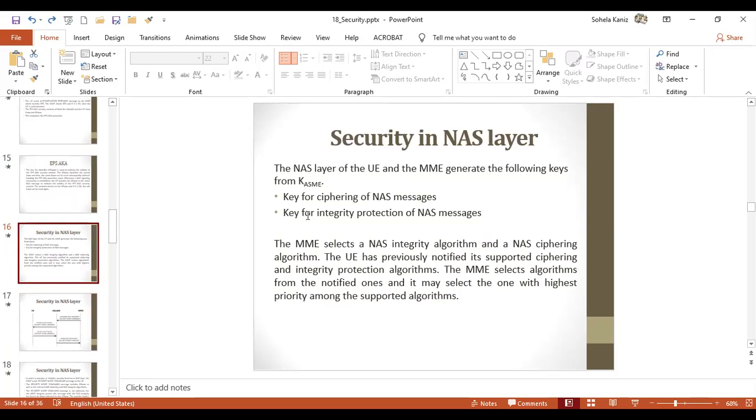You need a key for the ciphering or for the integrity algorithm, so that key is generated from that KASME. We'll also see that this key will help generate another key, so indirectly it will actually be used to generate the keys for the security algorithms for the AS layer.